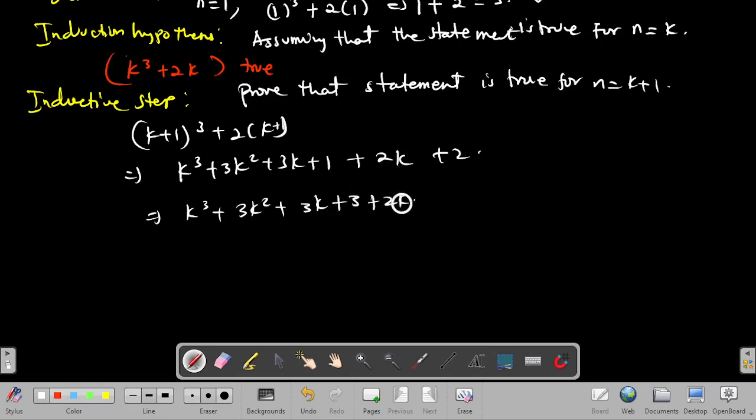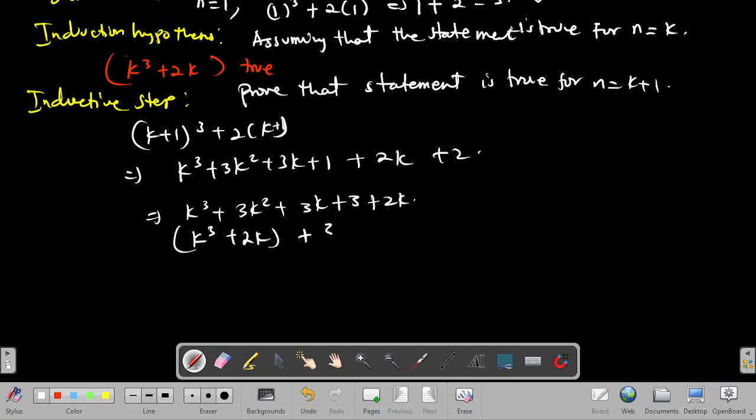Then with plus 2k, we just need to make sure that we can conclude this expression is divisible by 3. From our induction hypothesis, we said k cubed plus 2k is always divisible by 3. So let's group k cubed plus 2k at one side, which we know is divisible by 3 according to our induction hypothesis.